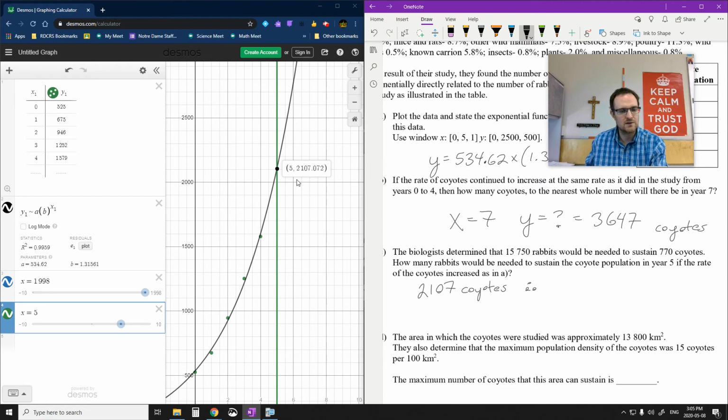So therefore, these 3 dots just stand for therefore. I'm going to create a little ratio here. So I need 15,750 rabbits for every 770 coyotes. So I have 2,107 coyotes. How many rabbits do I need? So it's just going to cross multiply, divide. So pull out my calculator here.